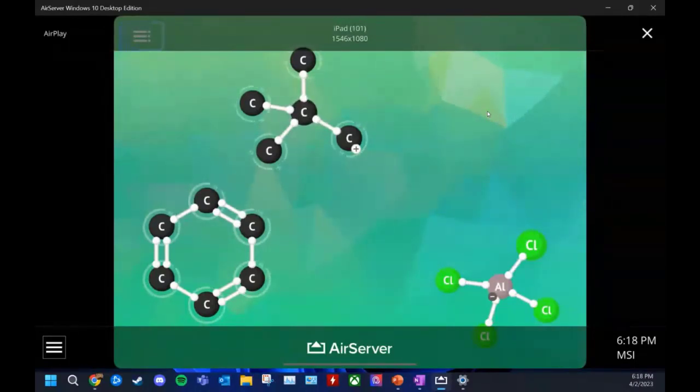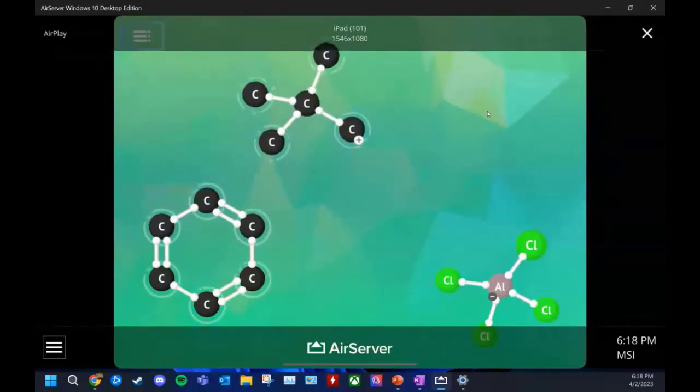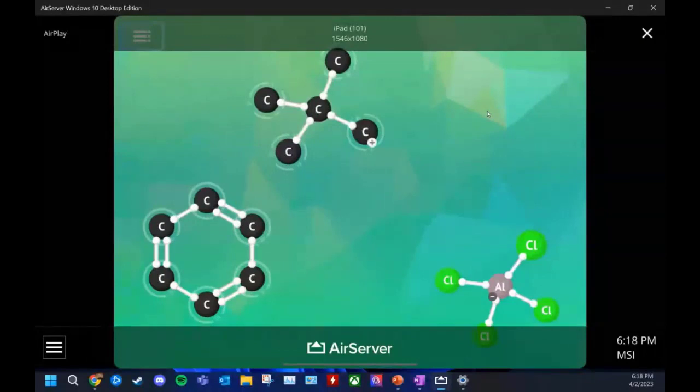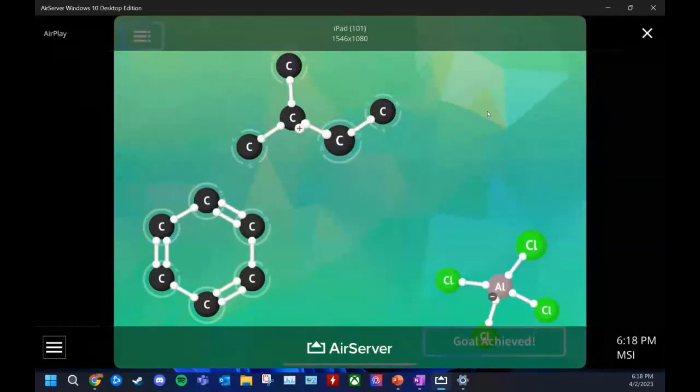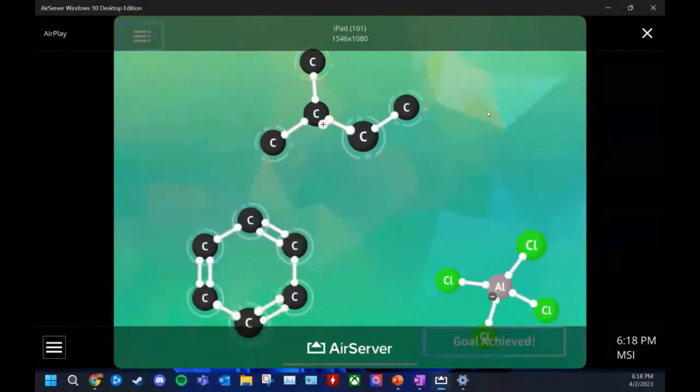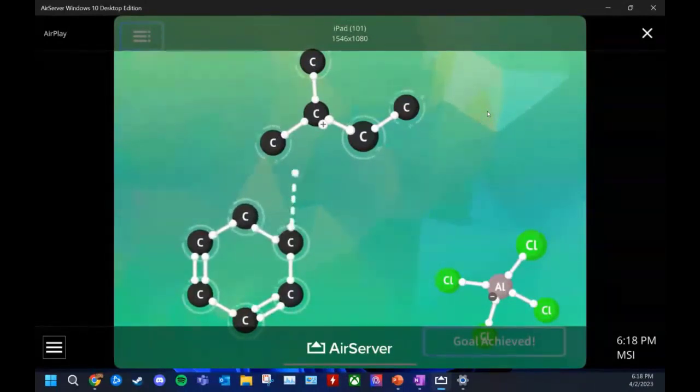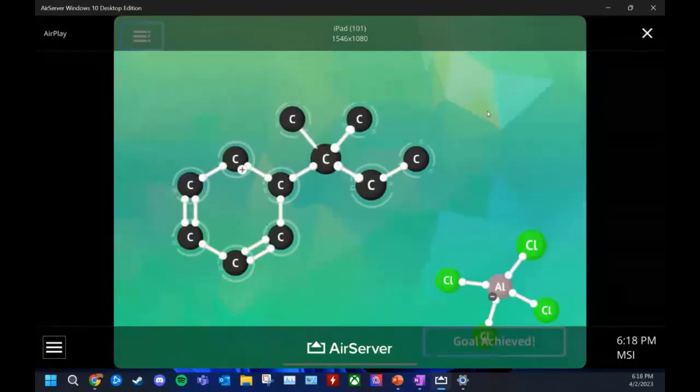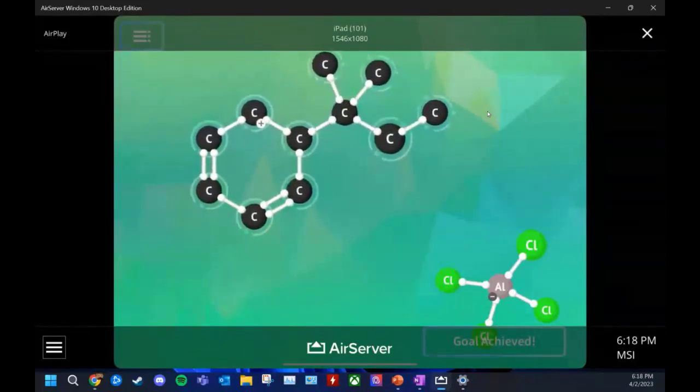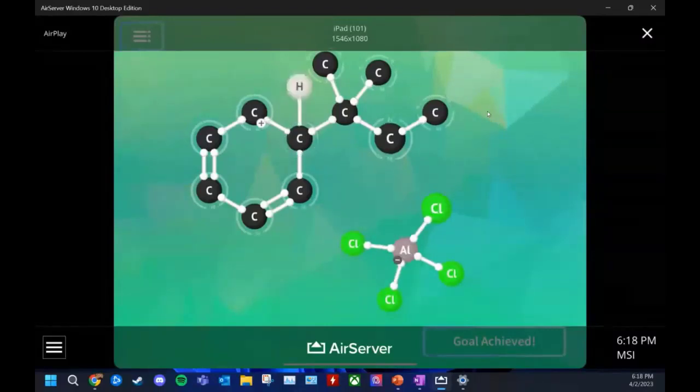Can it do a hydride shift or a methyl shift? We have a primary carbocation. Looks like we might do a methyl shift, right? Now what is it on? Tertiary, right? So now, yes, now we can add it. And remember, we want to complete the reaction with an elimination by the base.